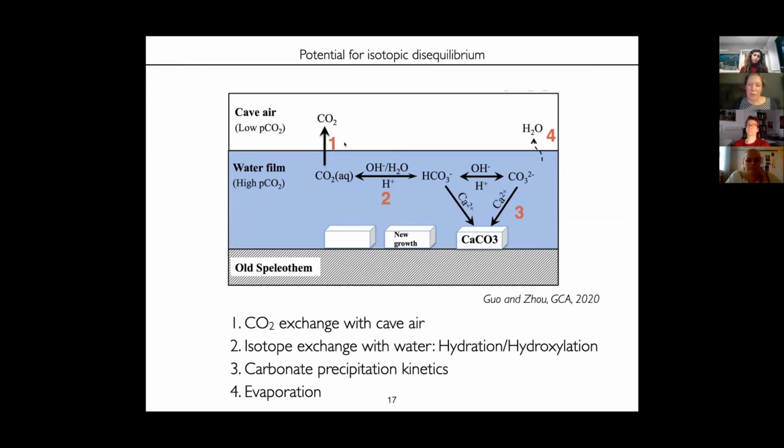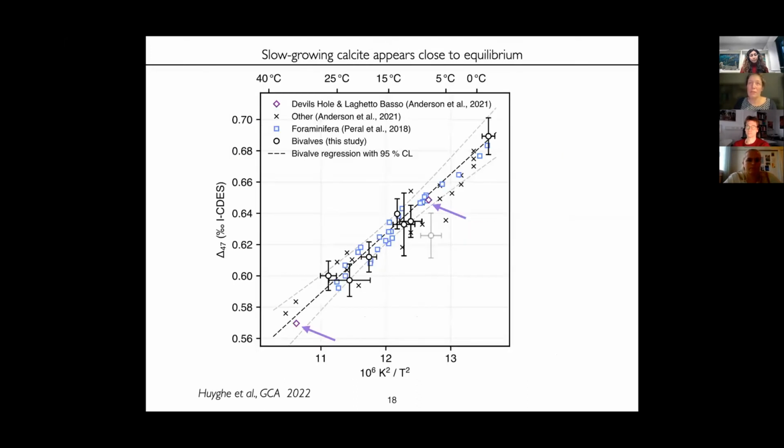I do want to also point out, though, that in some occasions, in special cases, we find speleothems that are perfectly in line with other materials, so that do precipitate in equilibrium. Just as an example, this is a study that came out this year.